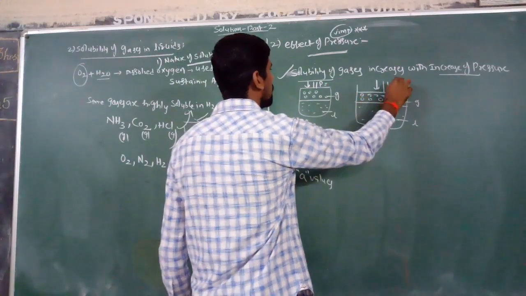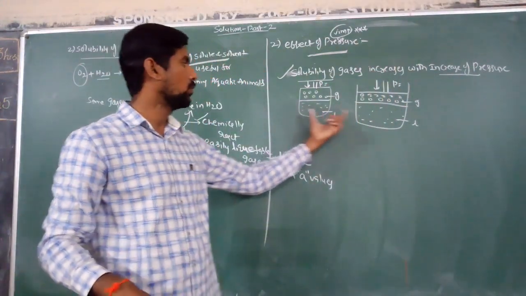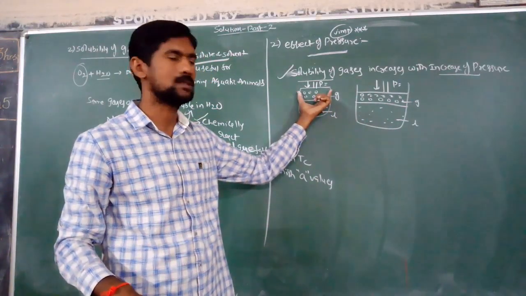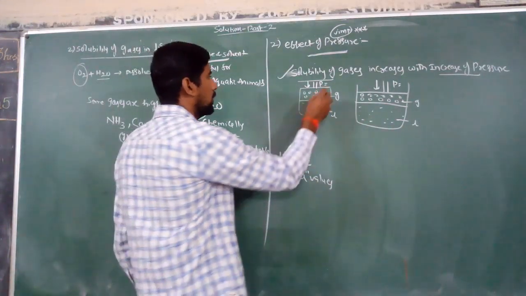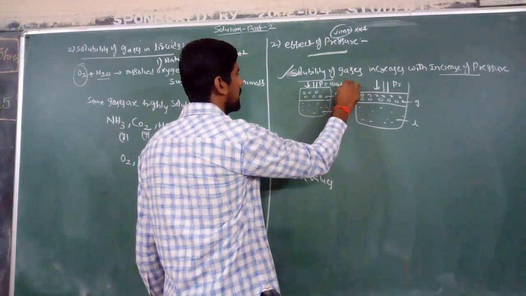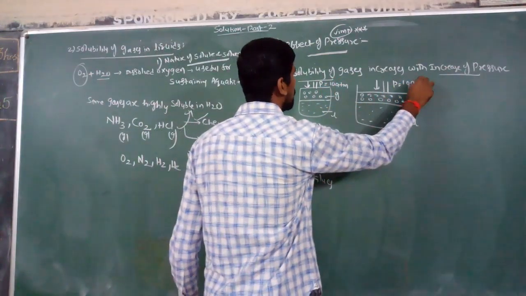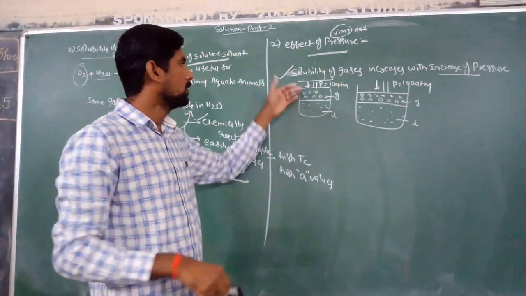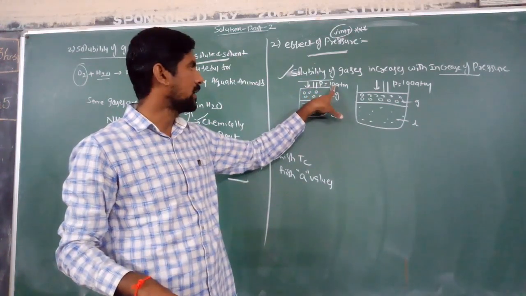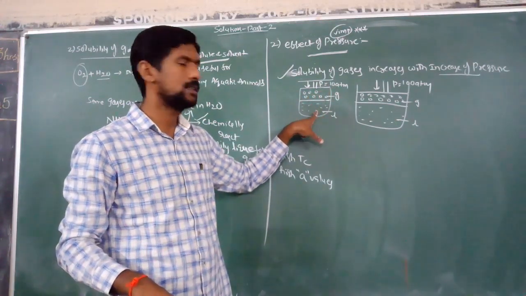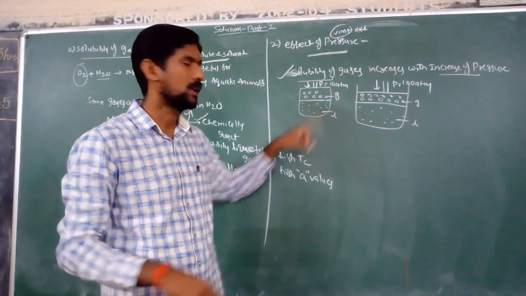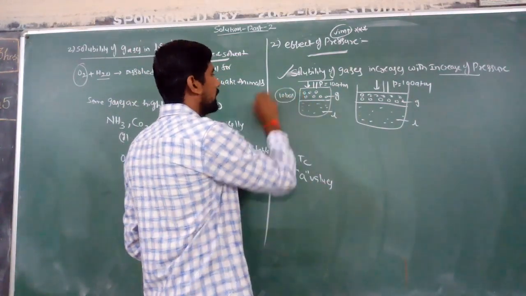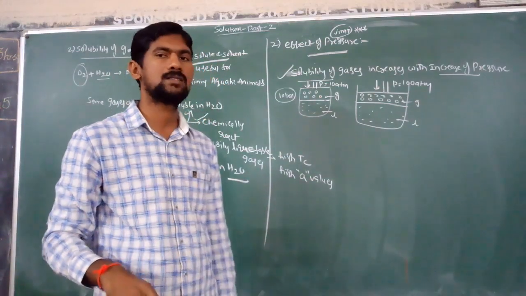Here two vessels are there, the bottom is the liquid phase and the upper is the gaseous phase. In the first case, the pressure applied is 10 atmosphere, and in the second case, 100 atmosphere. At 10 atmosphere, some of the gas is dissolved in the liquid.